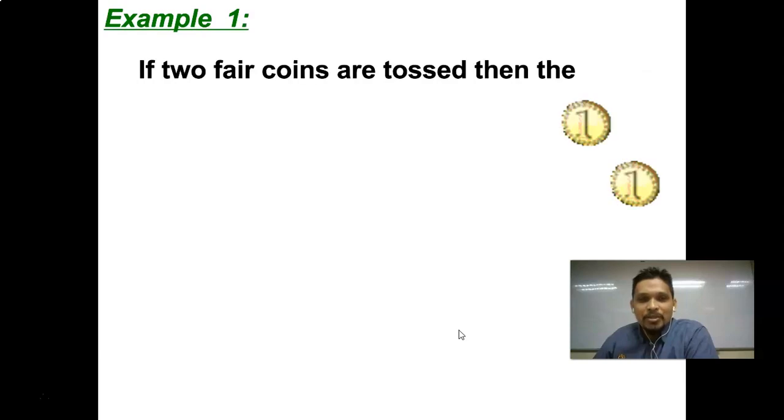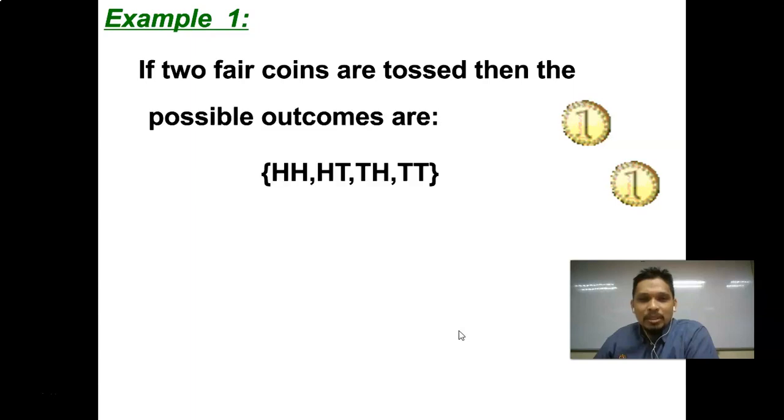Example 1. Two fair coins are tossed, then the possible outcomes are, just imagine this is one coin, so there are two faces. One face shows the value of the coin, 1 cent, 5 cent, 10 cent, 50 cents, or maybe one ringgit.